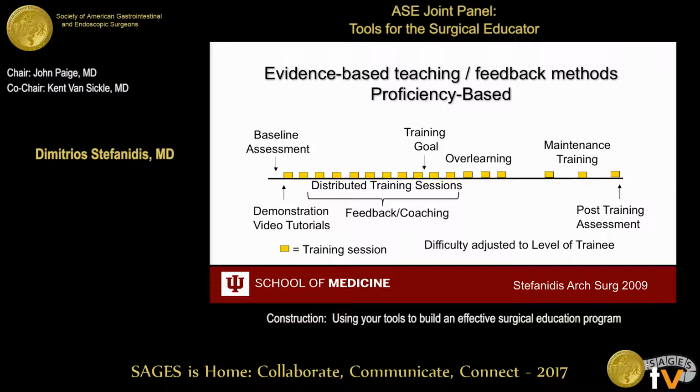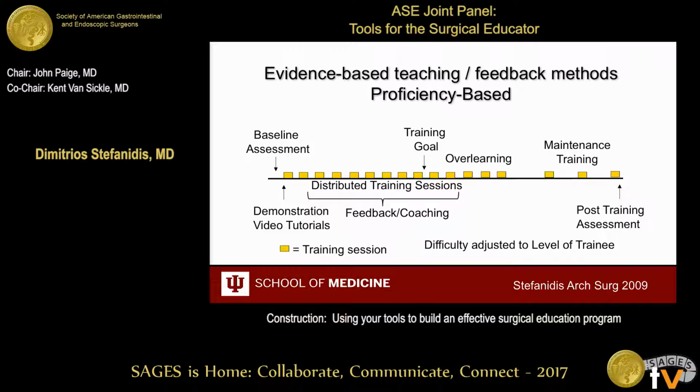So when you look at proficiency-based training, and I know that Kent went through some of this, the way I look at this, and this was published a few years ago, and it's mainly related to simulation training, but it kind of embeds evidence-based teaching methods and how you can maximize performance.